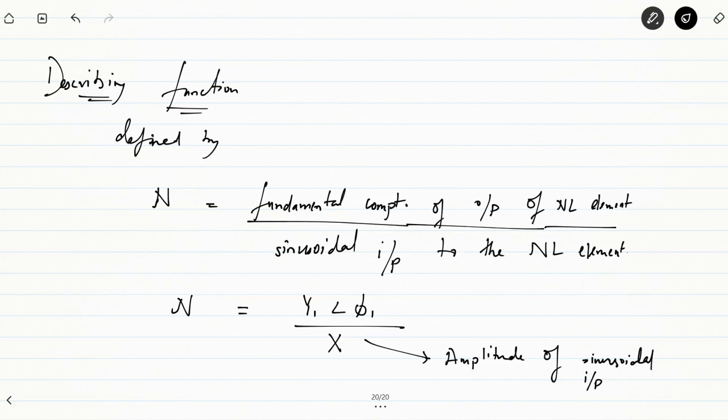Fine. So that means for an input x(t) equal to x sin omega t, the output may be expressed as a Fourier series expansion.